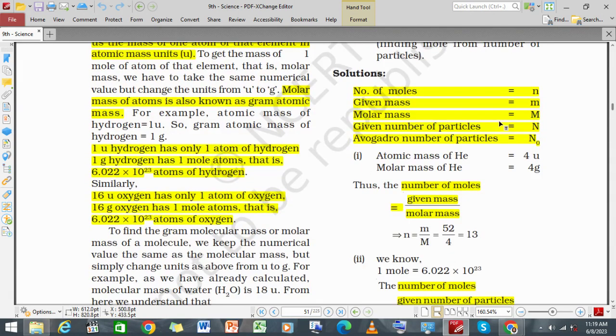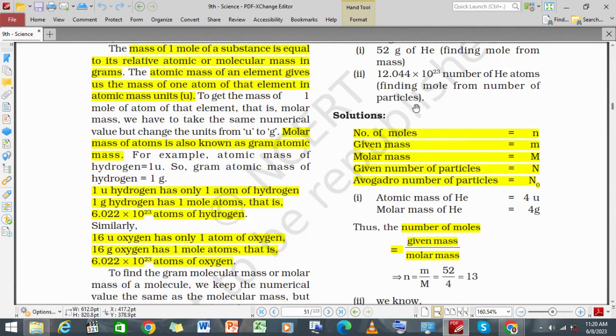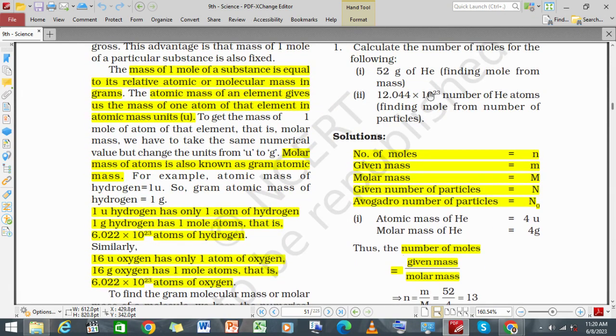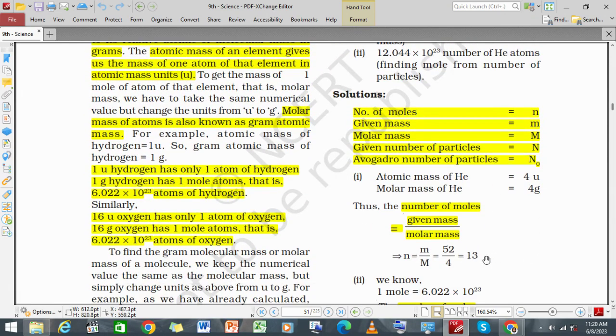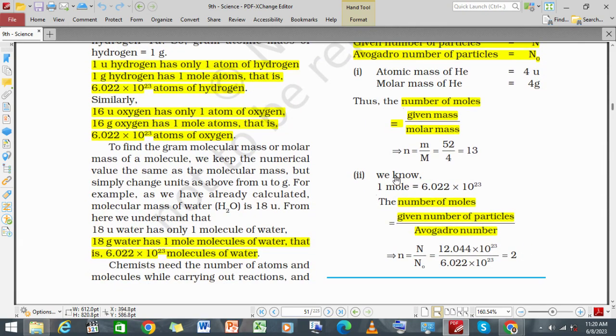So we put it in the formula and get 52 by 4, that means 13. In 52 grams of helium, there will be 13 moles of helium present, and hence this 13 moles of helium will give 13 times 6.022 into 10 to the power 23 atoms of helium. I hope it is understandable.